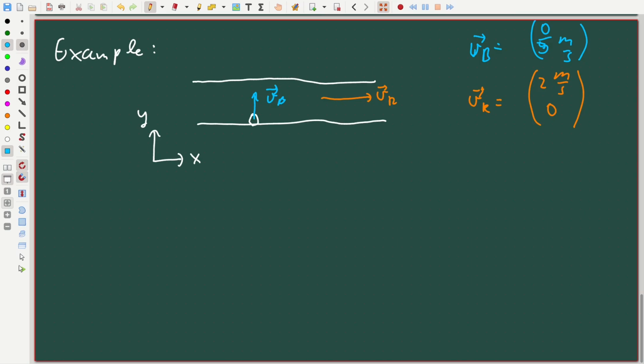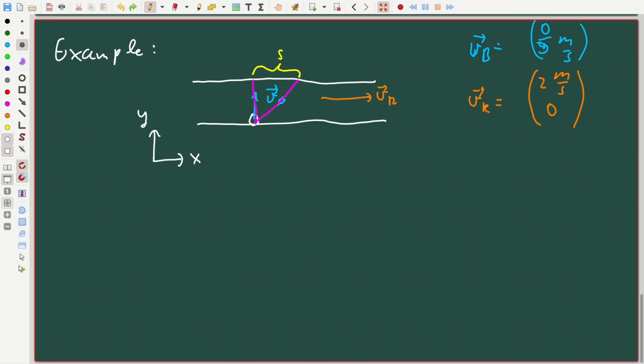If we want to calculate the resulting speed of that boat, it is clear the boat will not reach the other side of the river exactly perpendicular, but there will be a drift that shifts the boat a little bit further into positive x direction. This distance we can also quantify, of course, and we will do this in a few seconds, but first we have to add up both vectors in order to get the resulting vector of the boat.